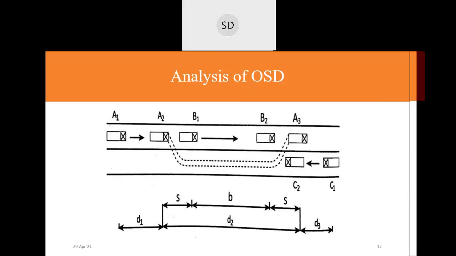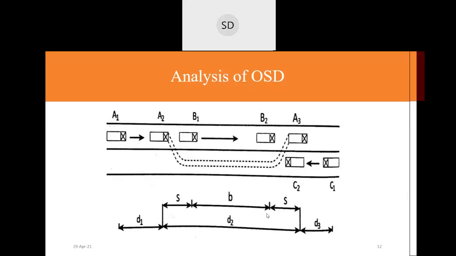Now from A2 to A3 is your actual overtaking operation, and suppose that overtaking operation is conducted within a time of capital T second. Within that capital T second, vehicle C moves from C1 to C2 position, and during the T second vehicle B also moves from B1 position to B2 position. Now we have to go for the analysis.